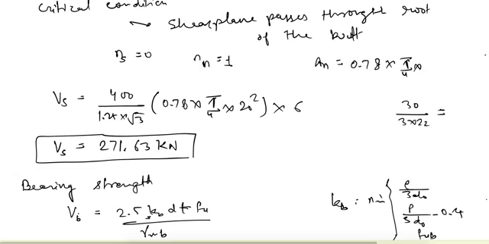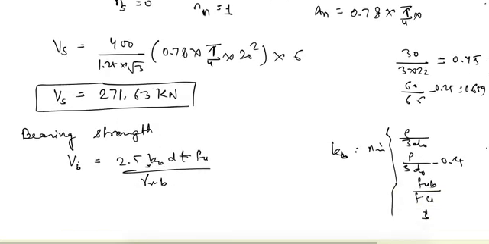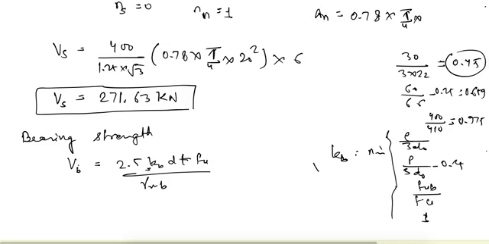This gives us 0.45, and from the second part, 60 upon 66 minus 0.25, we get 0.659, and fub by fu would be equal to 400 divided by 410, that is 0.975. So the minimum is obviously 0.45, and we have obtained the value of kb as 0.45.